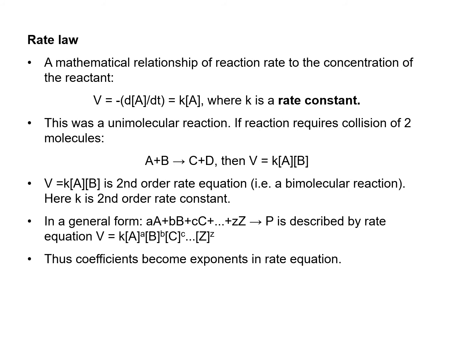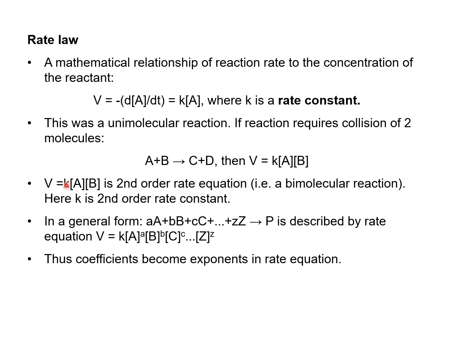If the reaction requires a collision of two molecules, then the reaction would be A plus B as reactants, and C plus D as products. And then the rate or velocity V would be the product of k and the concentration of A and B. And this equation, V equals k [A][B], is a second order rate equation. That means this reaction was a bimolecular reaction where two molecules work together as reactants for this particular reaction.